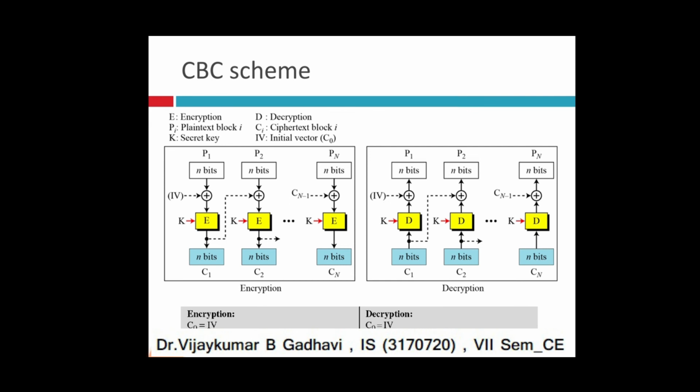CBC scheme, here you can see in the figure the encryption and decryption equations with the initial vector, C0, Ci, the same as above. In the earlier chapter, we can also see these kinds of equations in the conventional encryption method and the DES algorithm.